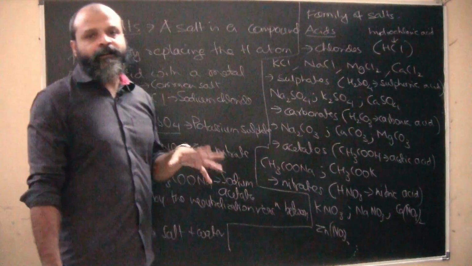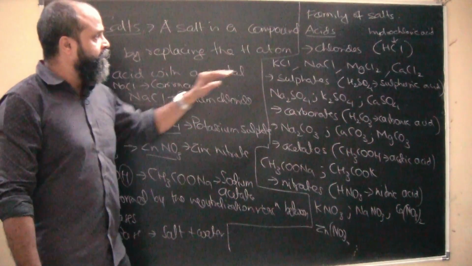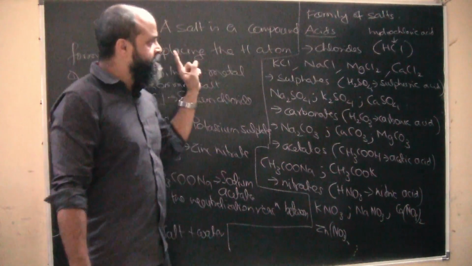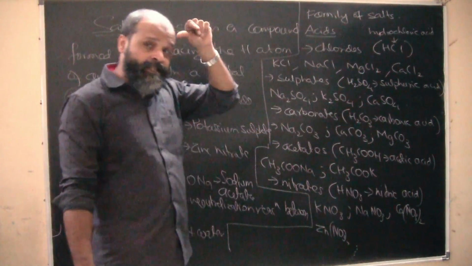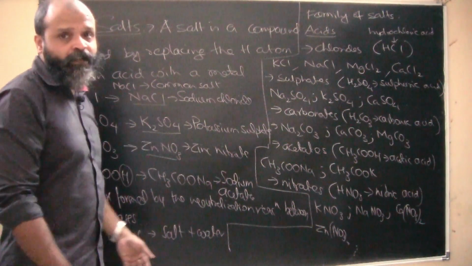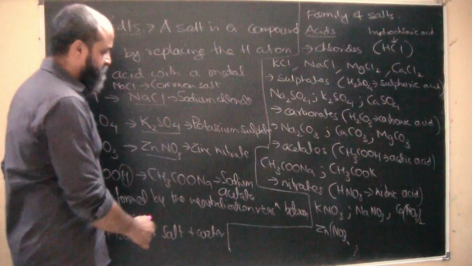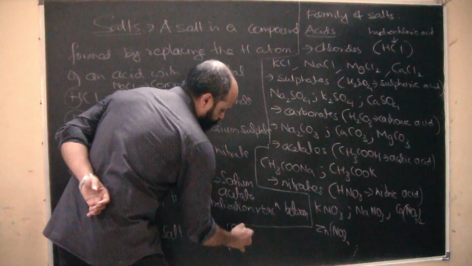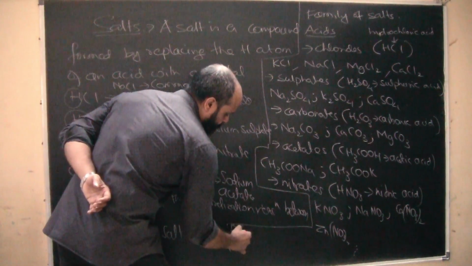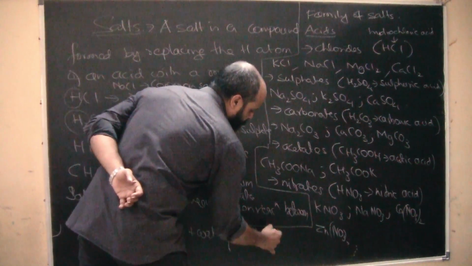The reason why we are taking acids out here is because in acids, the H atom is replaced. So is it that only acids are supposed to form the family of salts? No, any family. For example, the sodium family of salts, or family of sodium salts.